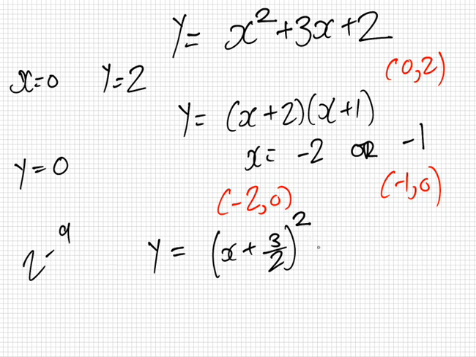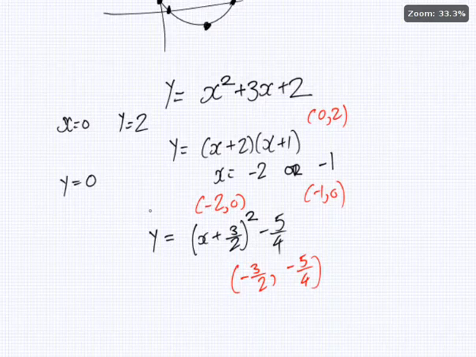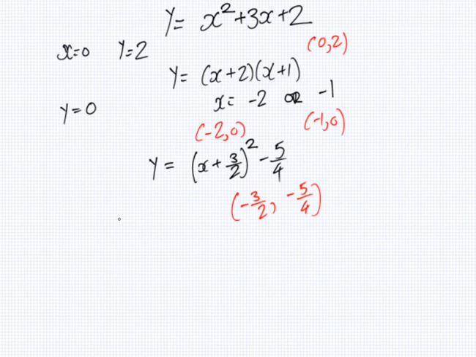Okay, so let's sketch this. In this graph, I shall find the y-intercept and the turning point instead of the roots. To find the turning point, we need to use complete the square.